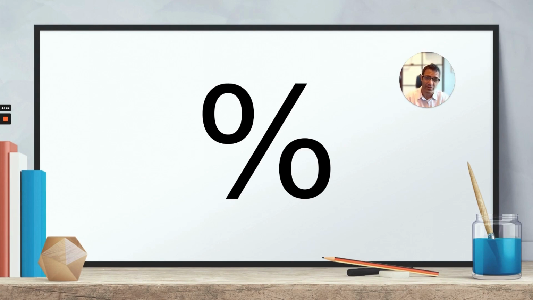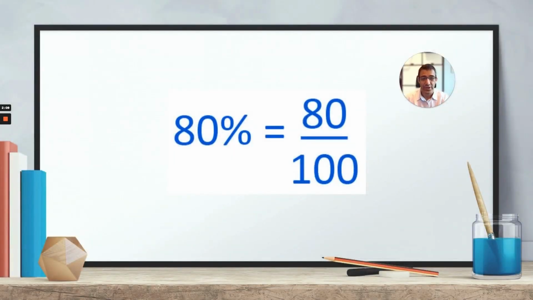If you look at this properly, you'll see that it looks a lot like a fraction, something divided by something, with the zeros which represent the 100. So be aware of that. The symbol looks like out of 100. And so 80% is 80 out of 100, and how we express that as a decimal is we'll say 0.8.